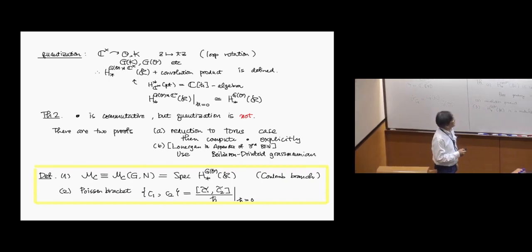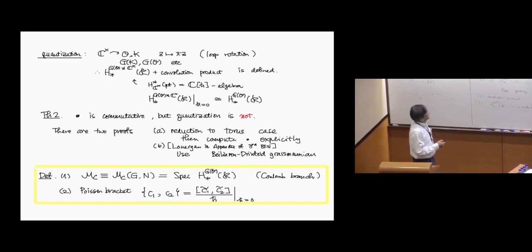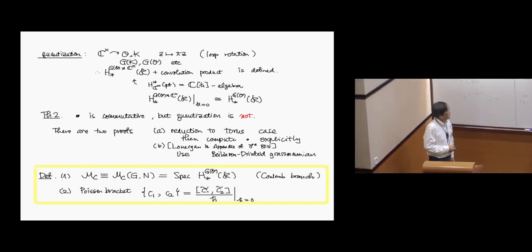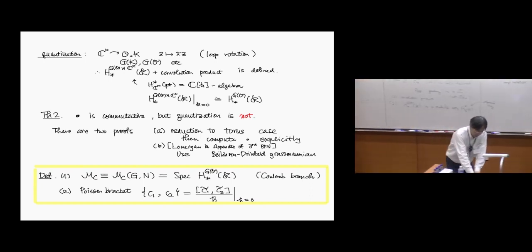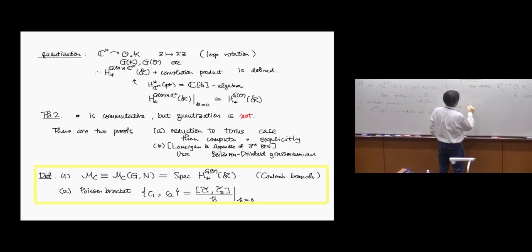So you can divide by h bar and then specialize afterwards. Then it is independent of the choice of lift, and the right-hand side is well defined. You have a Poisson bracket. Maybe I didn't say that properly. It is also known.